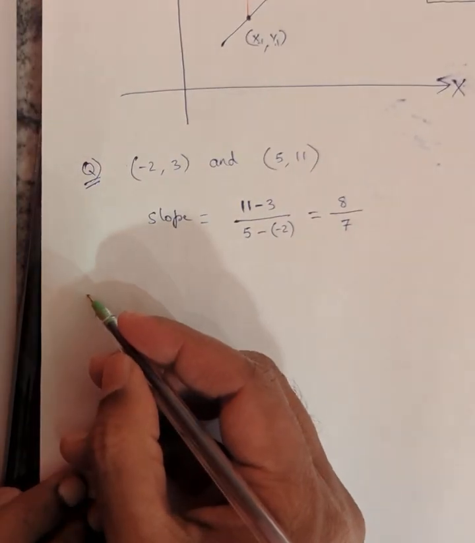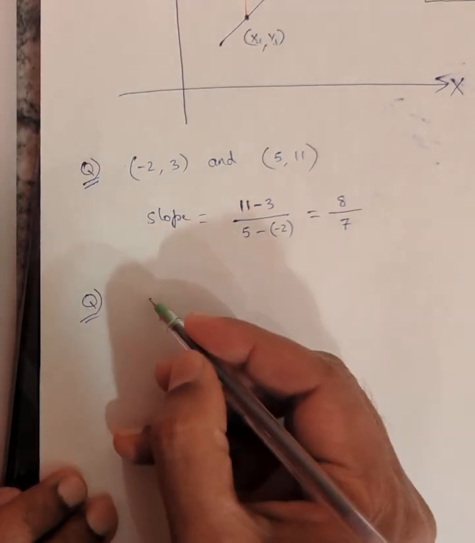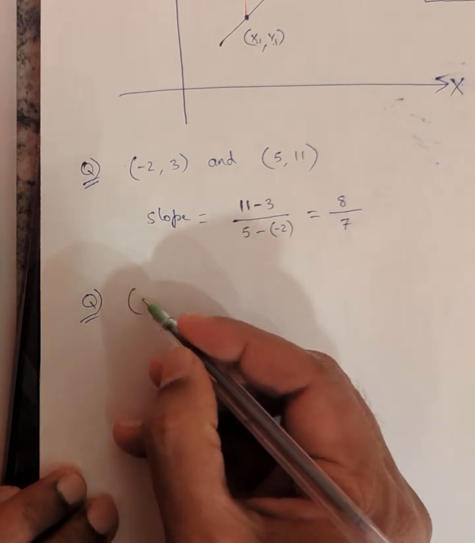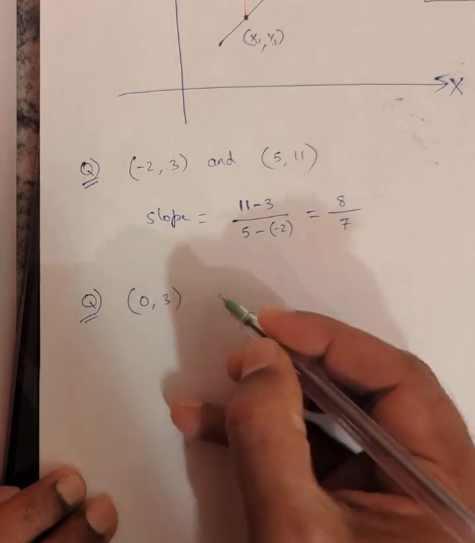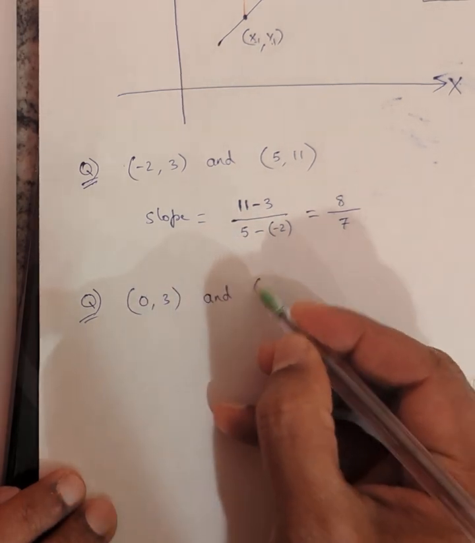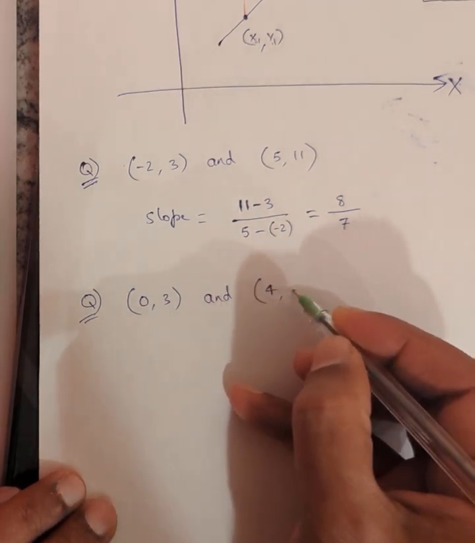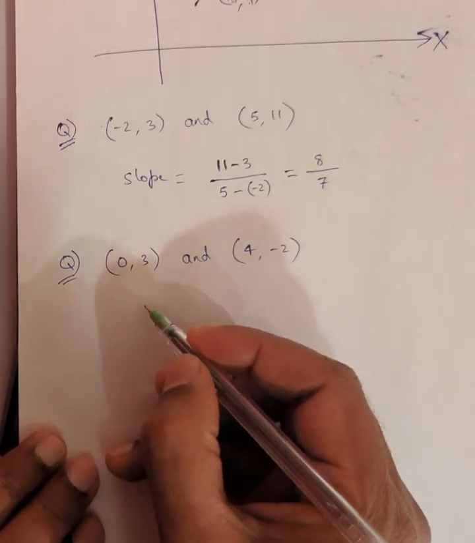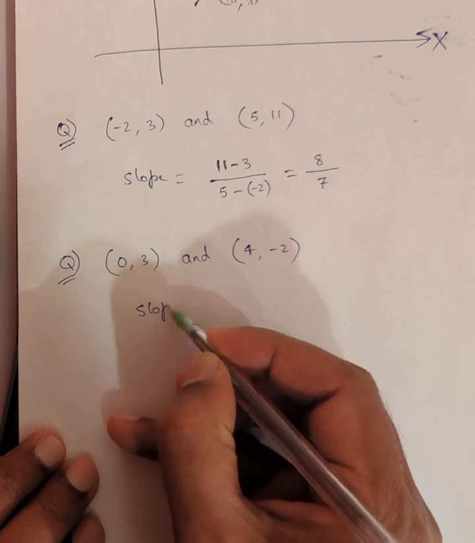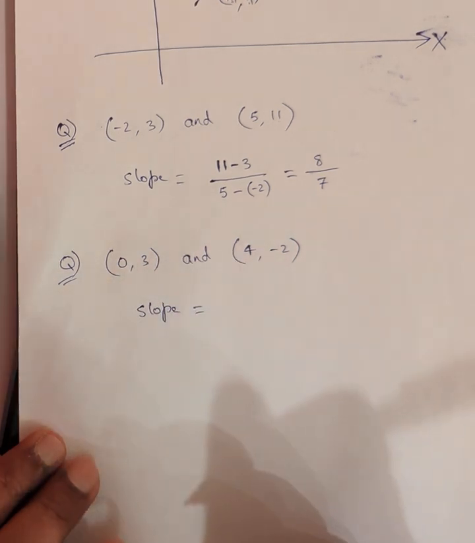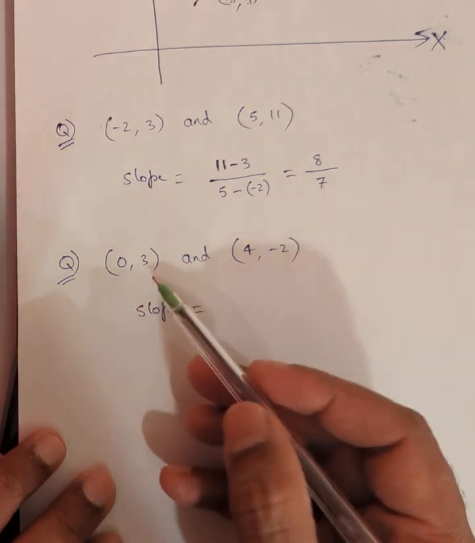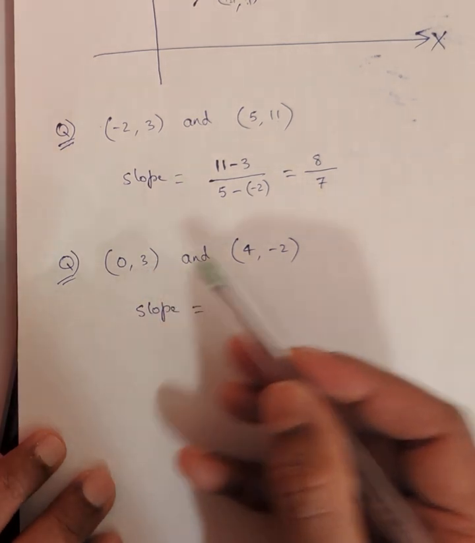All right, let's look at one more example. Now the points are (0, 3) and (4, -2). To find the slope, again, I will do y2 minus y1. Now this time I'm going from 3 to negative 2.